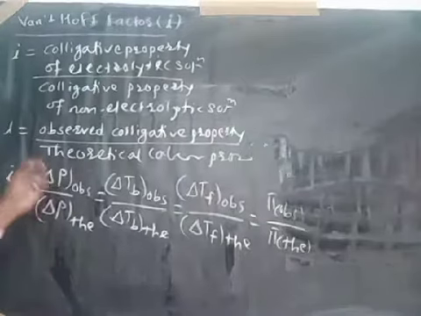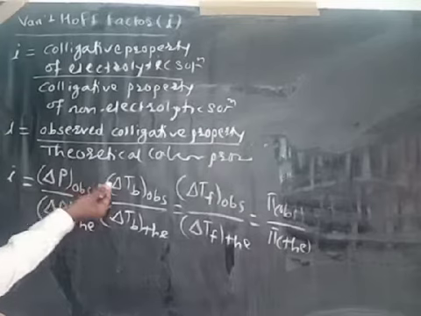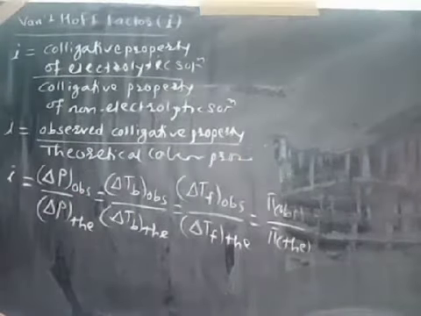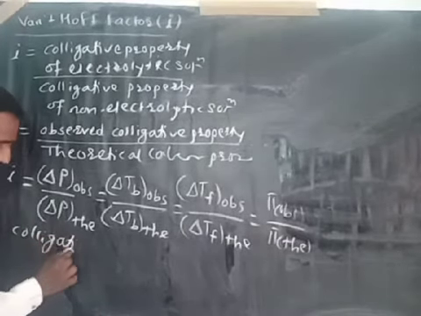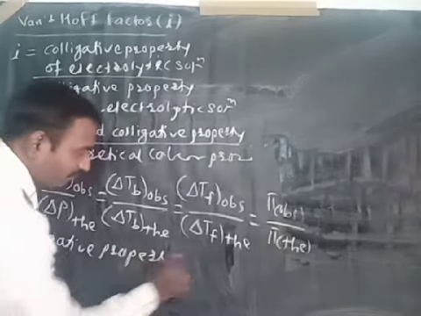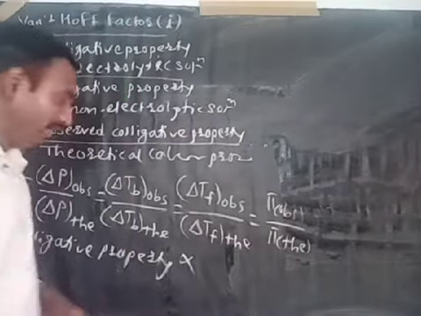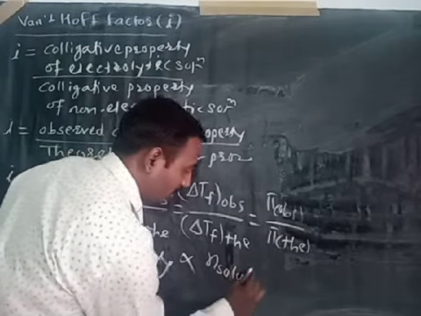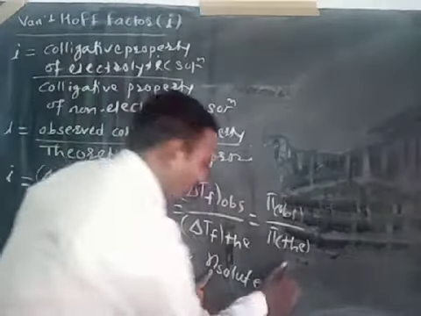Now, any colligative property, whether lowering of vapor pressure, elevation in boiling point, depression in freezing point or osmotic pressure, depends on the number of solute particles, or the number of moles of the solute particles, denoted by n solute or n2.